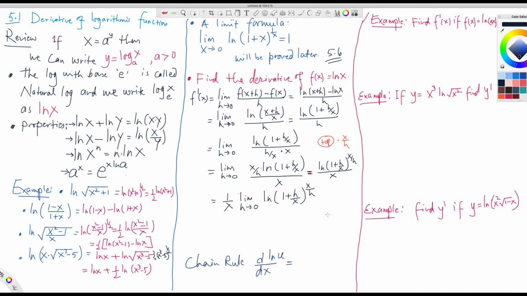In that case the limit will be 1. So what is left is 1 over x times 1, which is basically 1 over x.